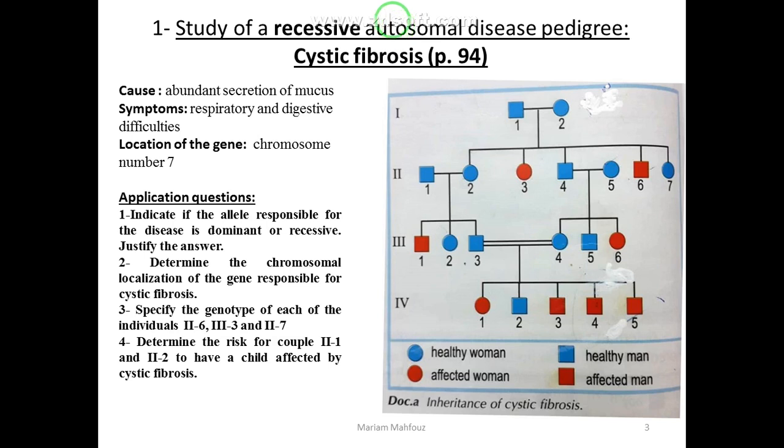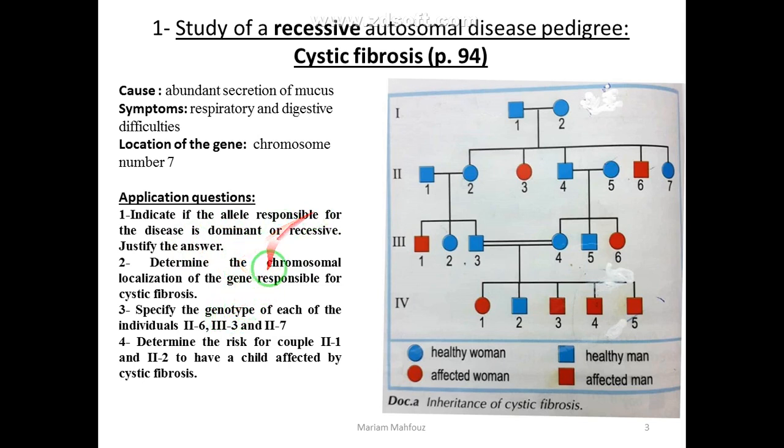Listen to me on how to answer these questions. These questions can be asked all of them or some of them. It's not necessary, but we're going to answer all of them and see how to answer them very well, in order to apply this later on other pedigrees identical to this one.